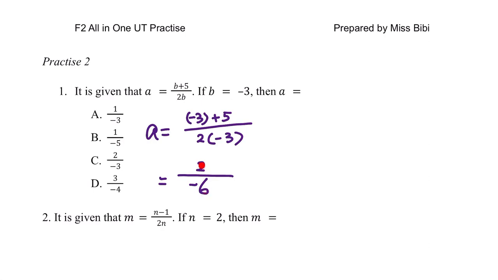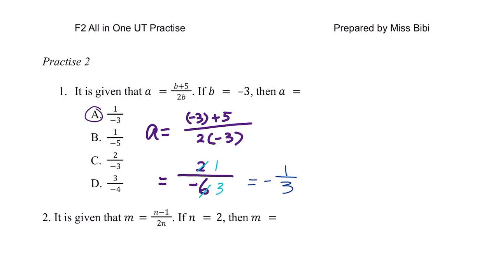Now your next step is to see, can they be further simplified? Yes, they can be simplified by 2. So your final answer is -1/3. The negative, if it's on the bottom, you can also put it on top or even on the side. It's all up to you. Anywhere is okay. But since we already found the negative on the denominator, the answer is A.